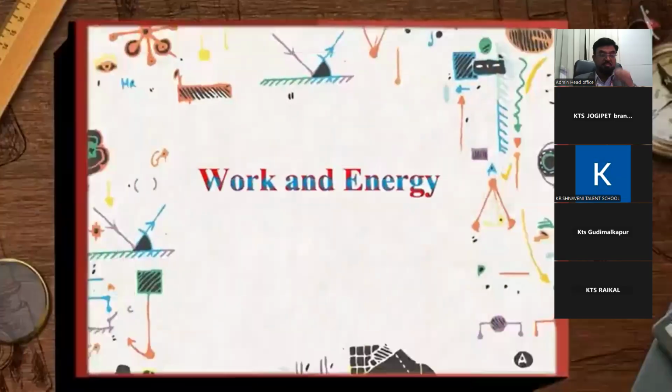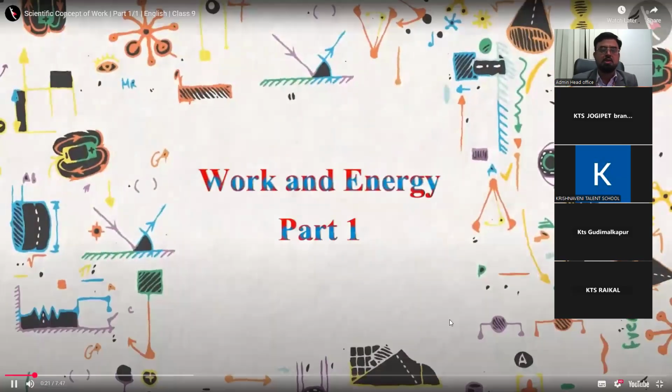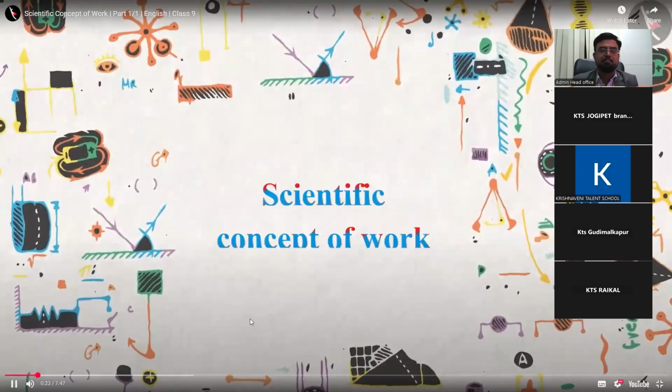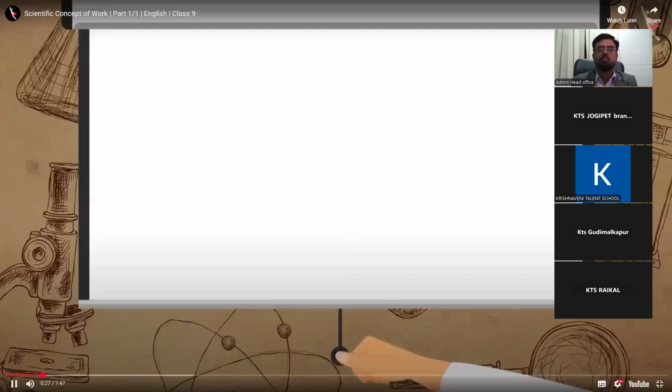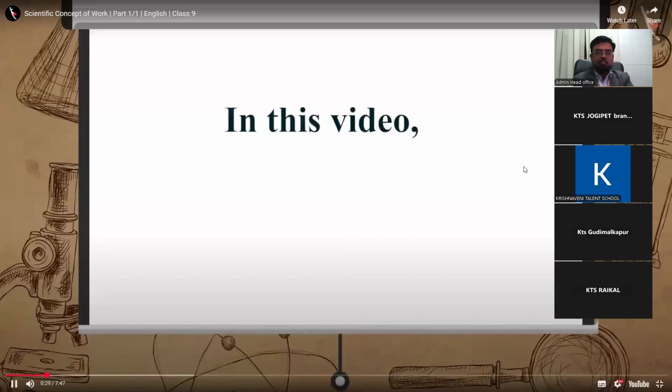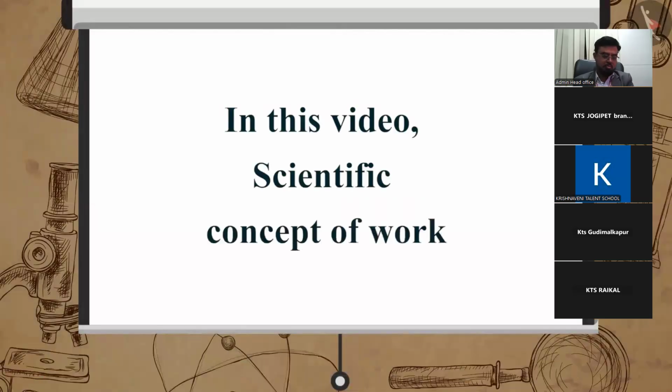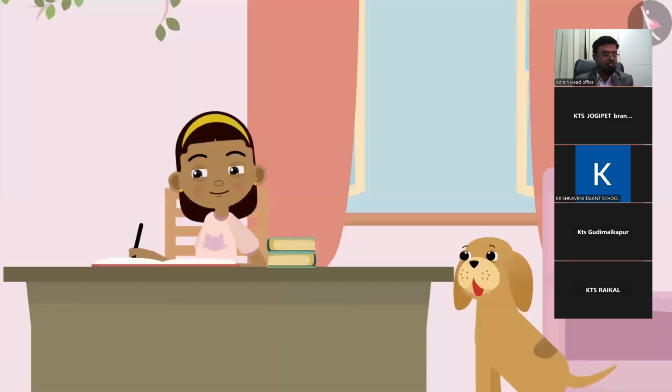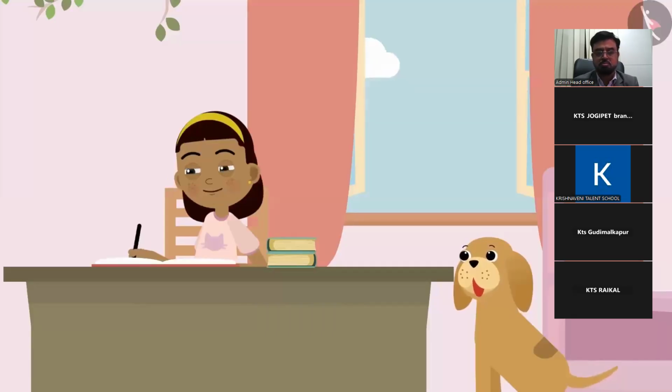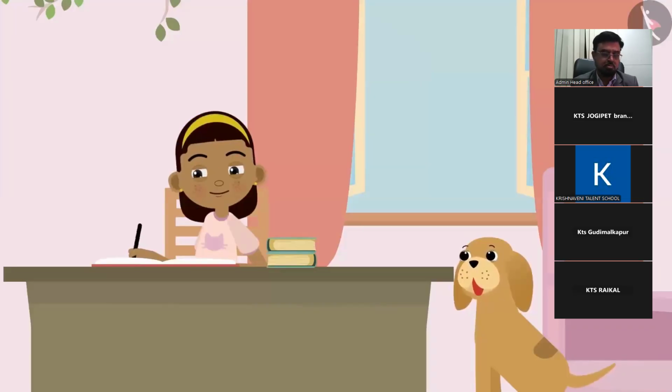Work and Energy. Part 1. Scientific concept of work. In this video, we will get an introduction to the scientific concept of work. Imagine you just completed your homework for the day and suddenly you hear someone say that you have not done any work.